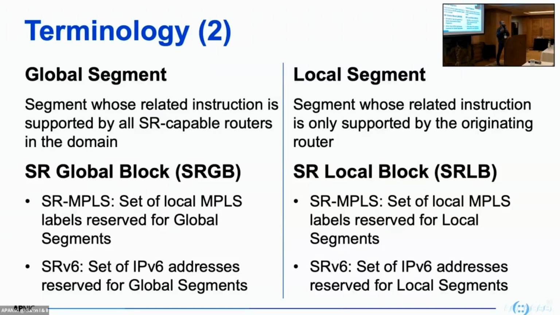So that's called local label. So it is assigned by the router locally, but not mentioned to anybody else unless they need it. So these are local MPLS labels, and there are some global SR labels. What is the block? Block is the range of labels that I want to use. I'll reserve it, but I'm not using it at the moment. So it's a block from where I will assign the labels.